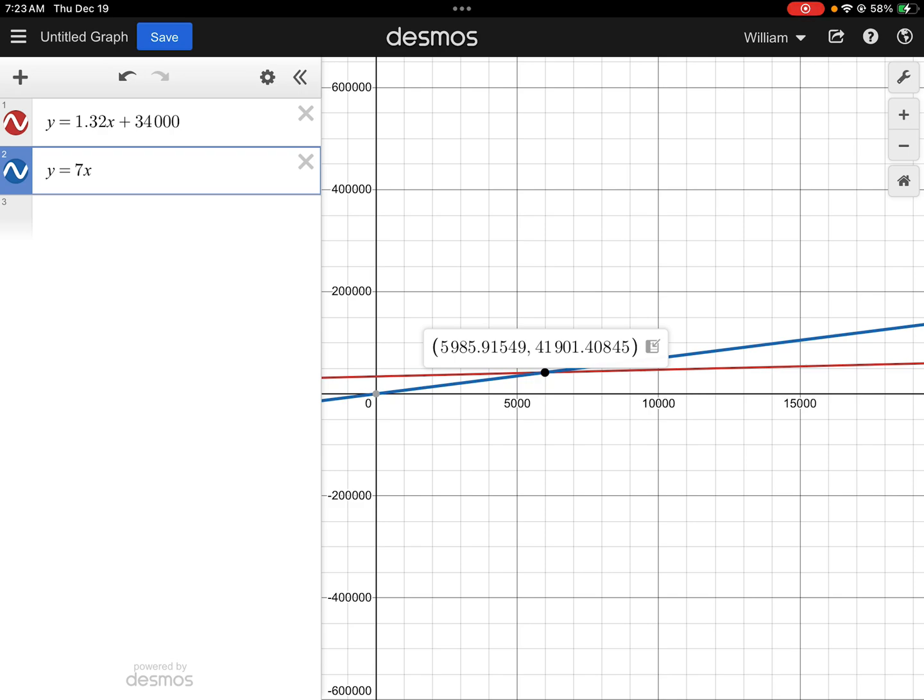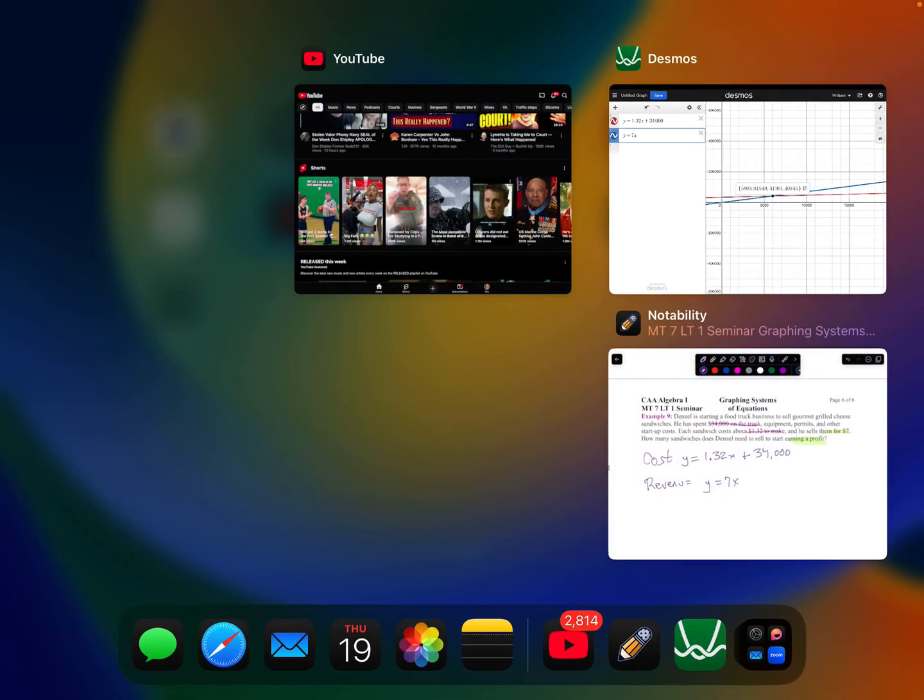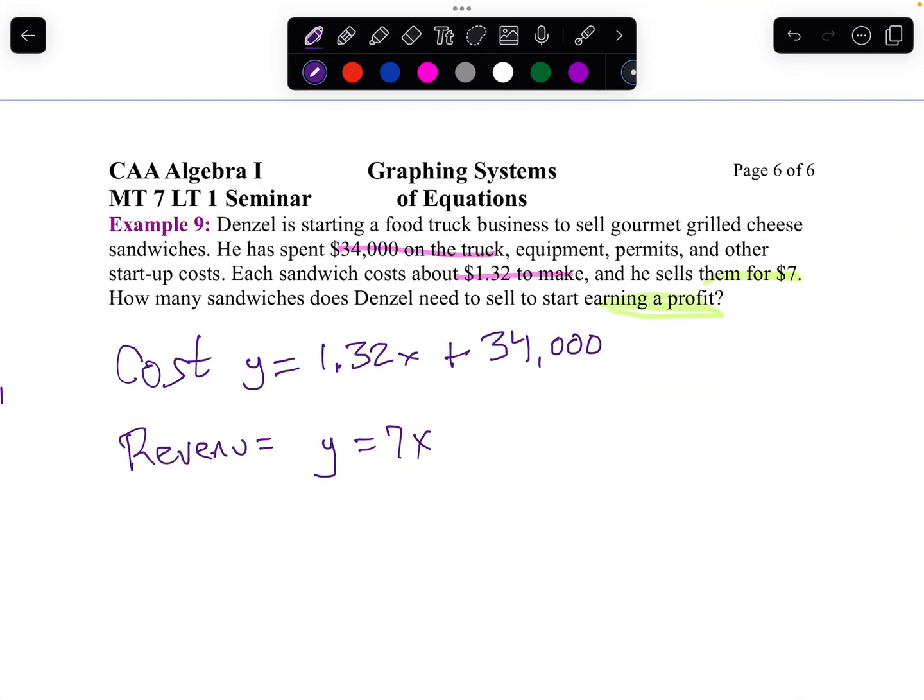So we're going to say, how many sandwiches do you need to sell? We have to round up, don't we? Because if we sell 5,985, boy, I couldn't read that, could I? So 5,986 is when he starts to make a profit, doesn't it? So we're going to say 5,986 sandwiches.